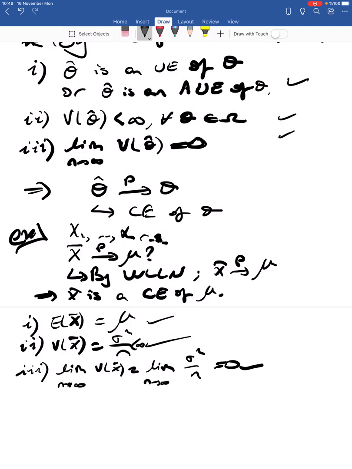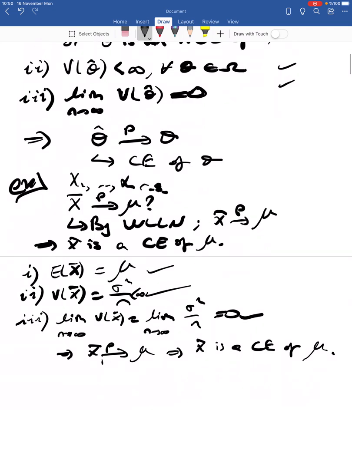So all these three conditions are satisfied. Then we can say that x bar converges in probability to mu. So x bar is a consistent estimator of mu. Okay. Similarly, this is true for any distribution.